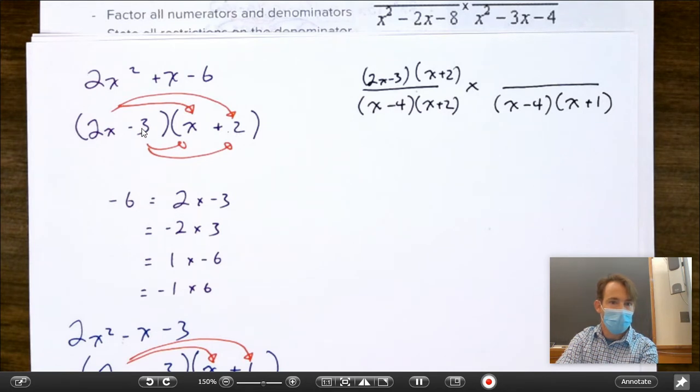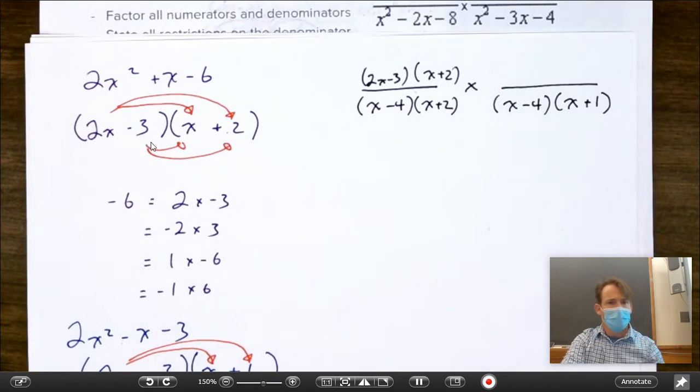But when I FOILed it, I got 2x squared subtract 4x plus 2. Because 2x times x is 2x squared, and then 2 times -3 is -6. And then -3 times x gives us -3x. And 2x times 2 gives us 4x. So 4x minus 3x gives us x.